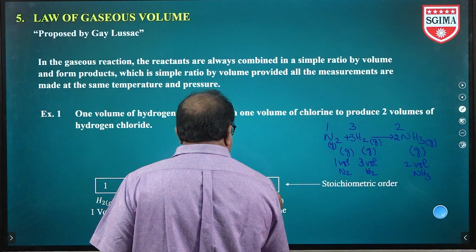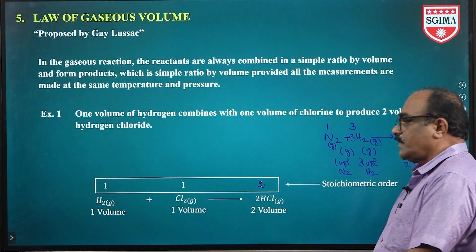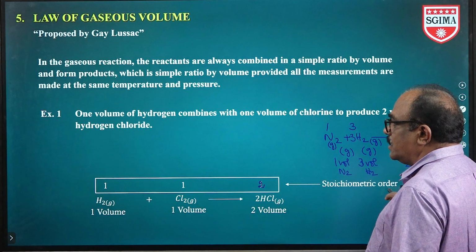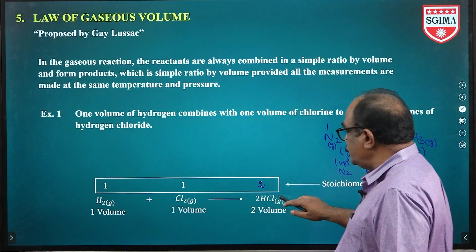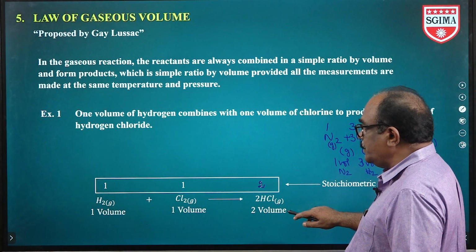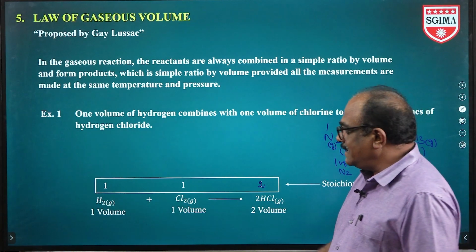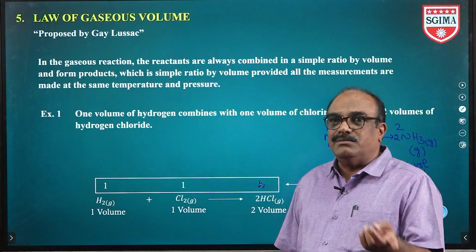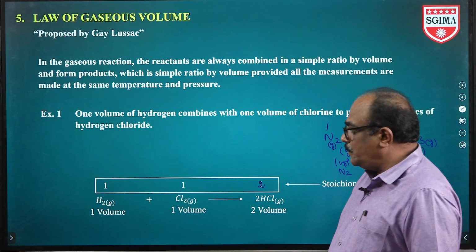Please remember, the proportion is to be 1:1:2. This I am going to call the stoichiometric order. Hydrogen 1 volume, chlorine 1 volume, and hydrogen chloride produced will be 2 volumes. This gives us one advantage. This volume can be milliliter, liter, gallon, anything can be taken as a measure of volume.